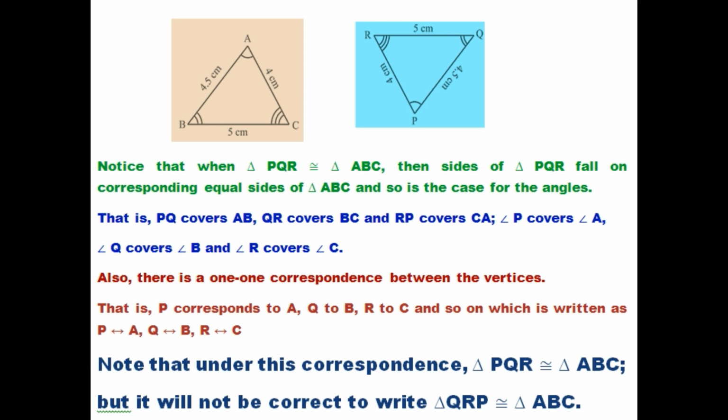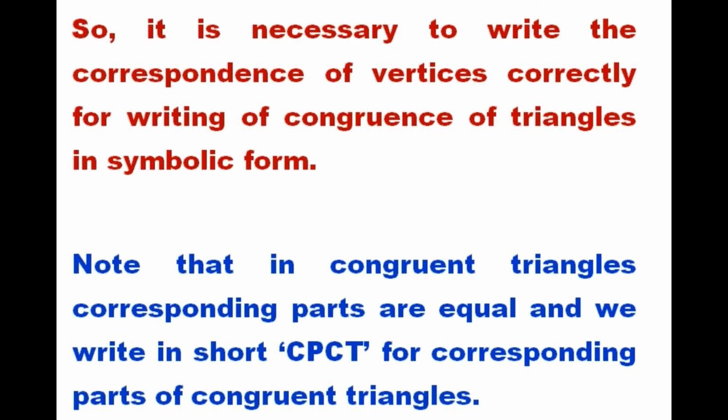You cannot write triangle QRP congruent to triangle ABC. So it is necessary to write the correspondence of vertices correctly when writing congruence of triangles in symbolic form, checking whether the vertices are matching or not.